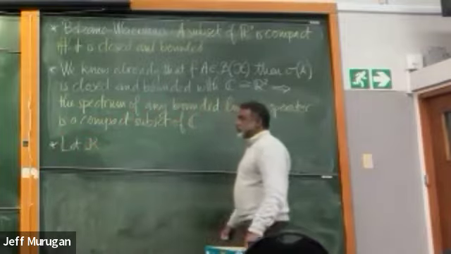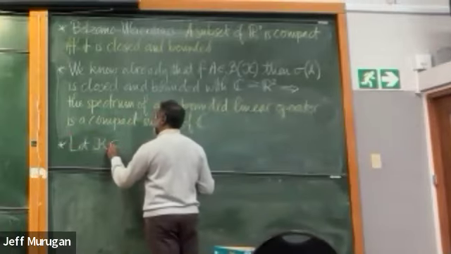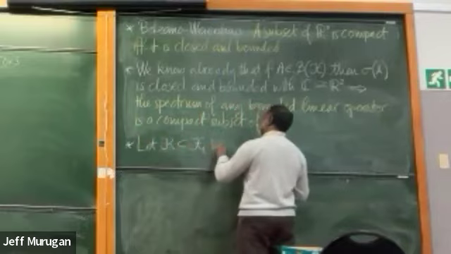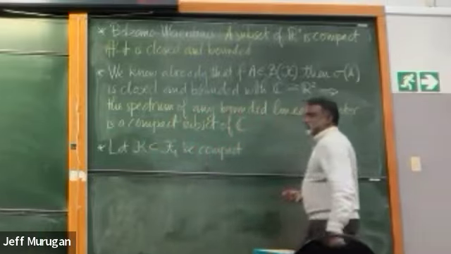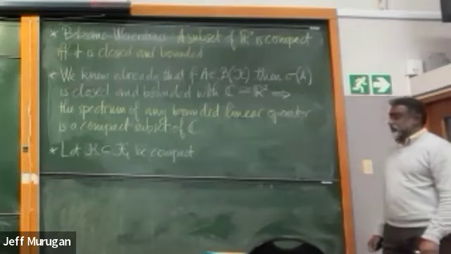Suppose I've got some compact set K, some compact subset in H1, and a continuous map F between H1 and another Hilbert space H2.